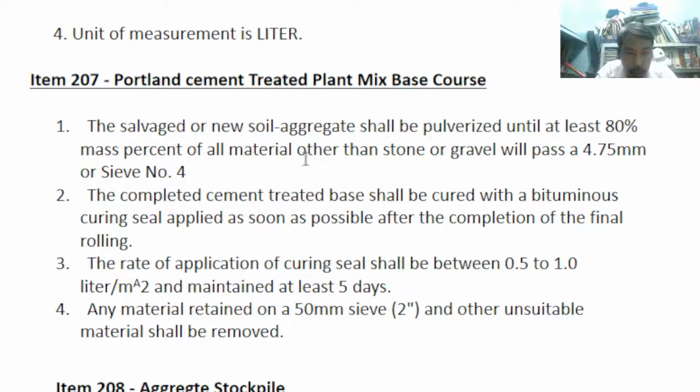Number 2, a completed cement treated base shall be cured with bituminous curing seal applied as soon as possible after the completion of the final rolling. The rate of application of curing seal shall be between 0.5 to 1.0 liter per square meter, and maintained at least 5 days.